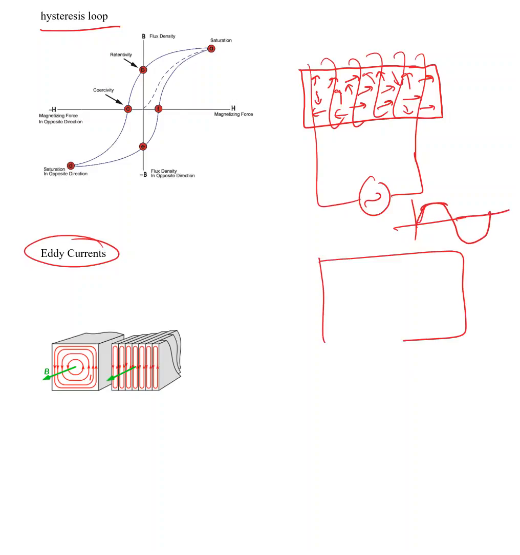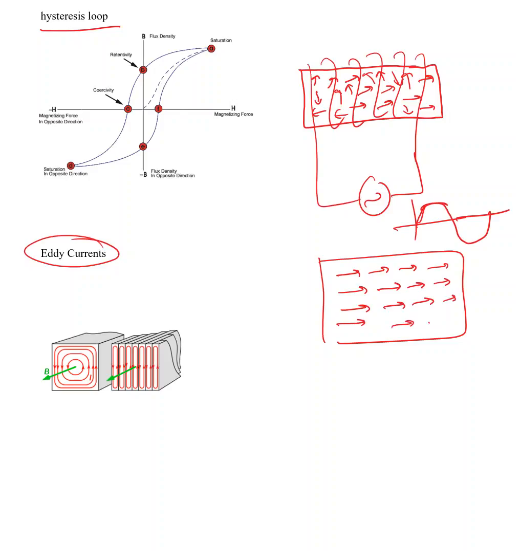Now I'm going to connect it to a coil and connect an AC supply. AC means alternating current, that's a positive half cycle and a negative half cycle. During the positive half cycle, all the domains are going to arrange in a sequence, so it's going to act like a little magnet.